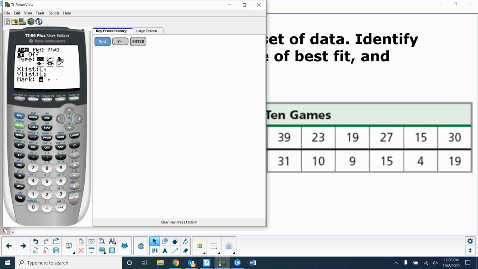You should get this screen. You need the on highlighted. If the off is highlighted right now, hit the left arrow key and hit enter. The rest of these should be highlighted. It should have this one highlighted for type, L1, L2, and then the box.